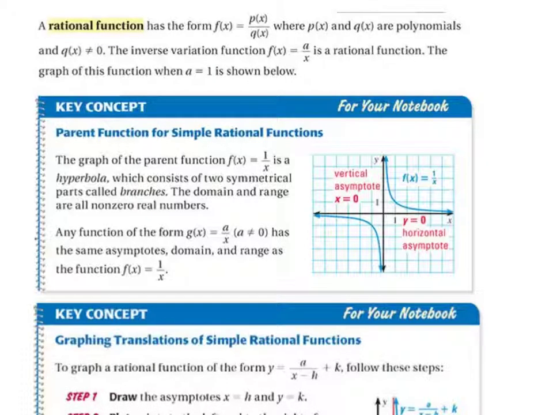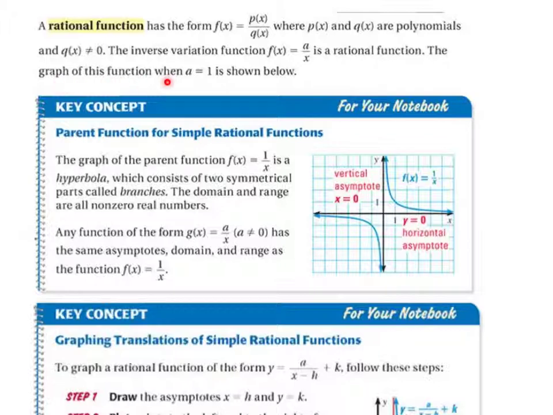So now graphing rational functions. A rational function has the form f of x equals p of x divided by q of x, where p of x and q of x are polynomials. And q of x cannot equal 0, because remember, denominators cannot equal 0. The inverse variation function, f of x equals a divided by x, is a rational function. So what we just learned about is a rational function.